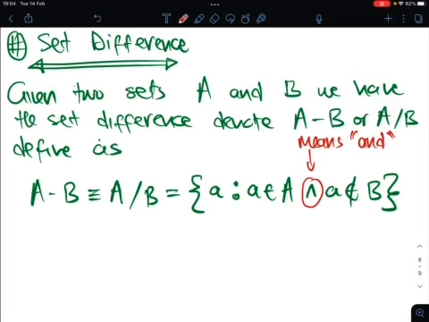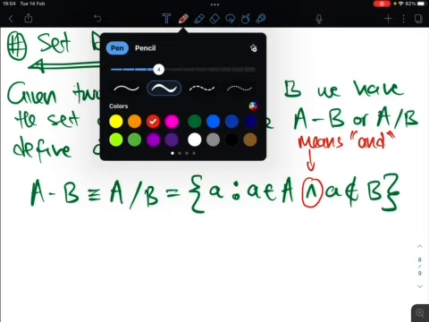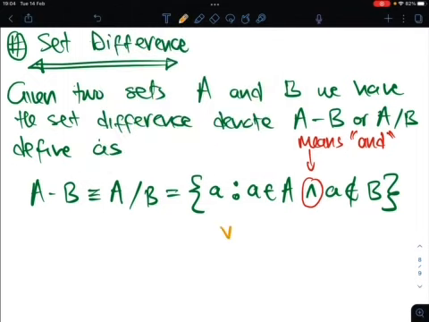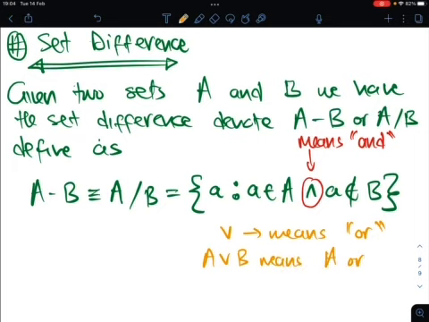And there is another one which is almost of the same nature. When you see this in mathematics, it means or. So when you meet something like this, it means A or B. It's notation that is quite cool for you to know at this stage, though mostly you might not be making use of it at this point in time, but it's good to know.